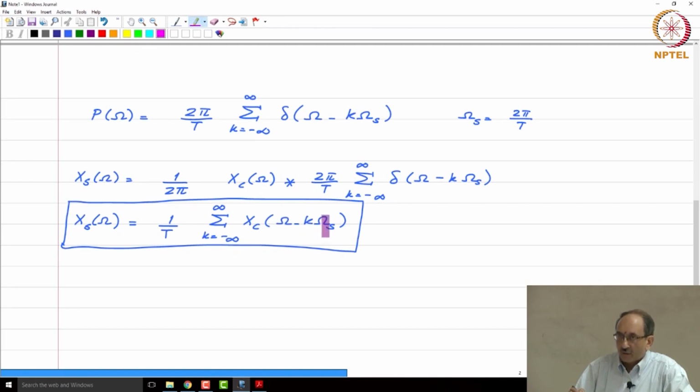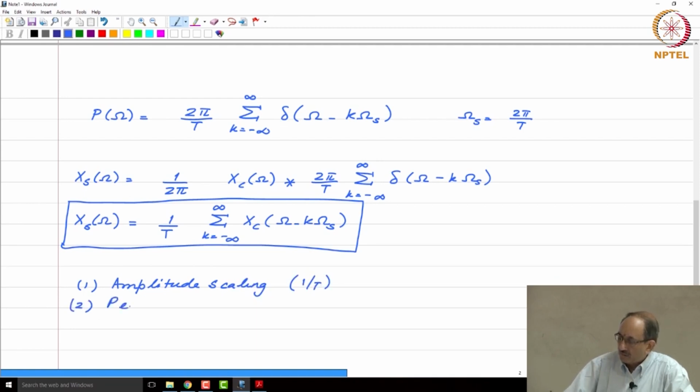So, periodic repetition is one thing. The other important thing to note is, not only is there periodic repetition, but there is also amplitude scaling, and this amplitude scaling is 1 over t, and hence you have amplitude scaling, and the scale factor is 1 over t.